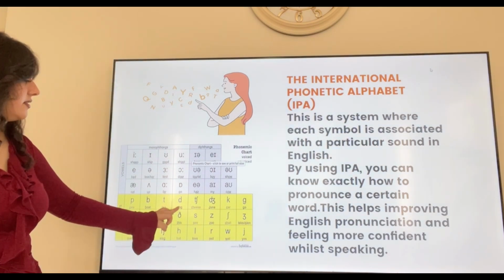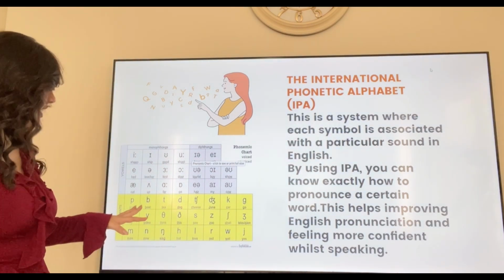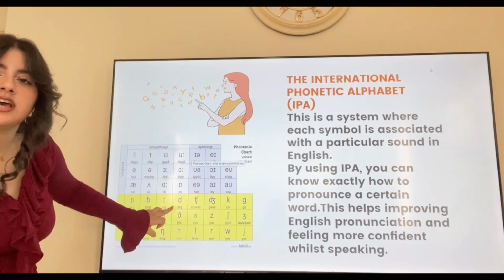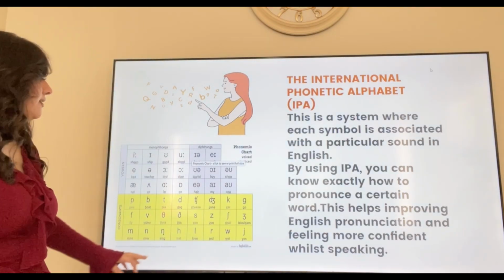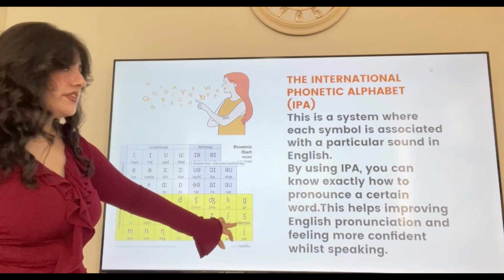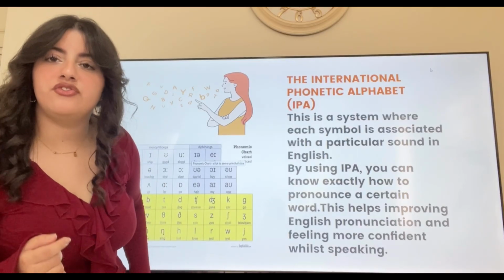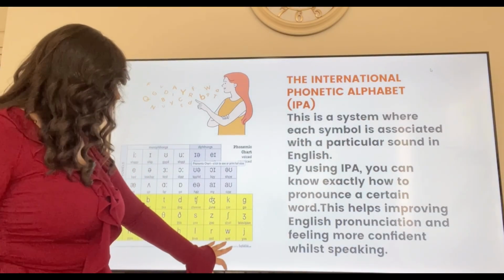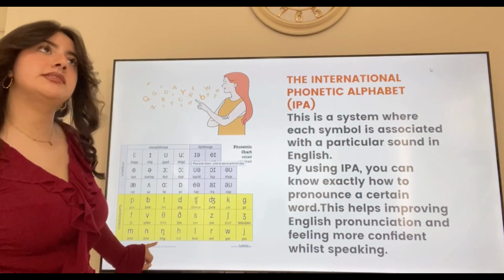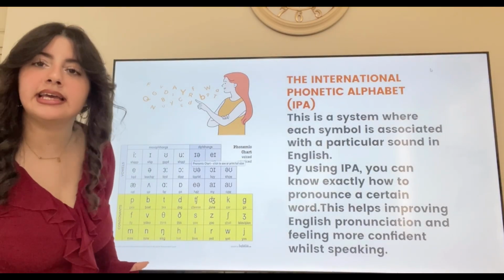It resembles the D sound, but is much more different than that. And then we have ch as in cheese, and then we have j as in television, vision, and then we have the ng sound, like in king or sing.